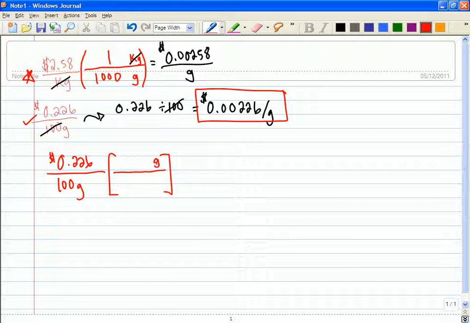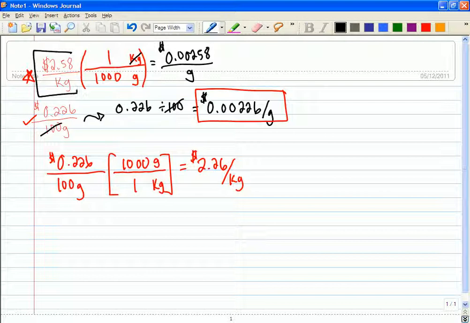So I want grams gone, and I want kilograms here. 1,000 grams for every 1 kilogram. So you're going to get $2.26 per kilogram. And then you would have been able to compare the original two, 2.58 with 2.26. As long as your units match, you're good.